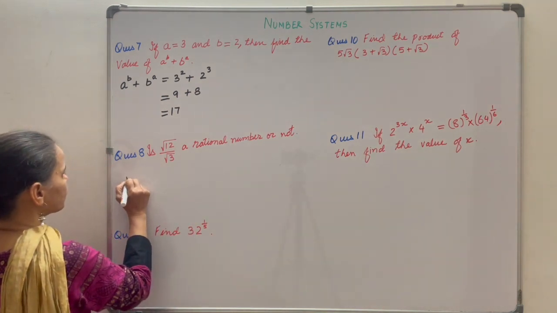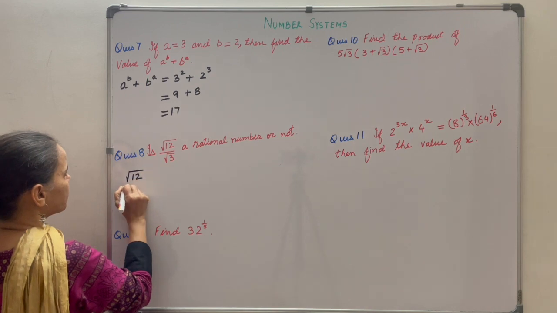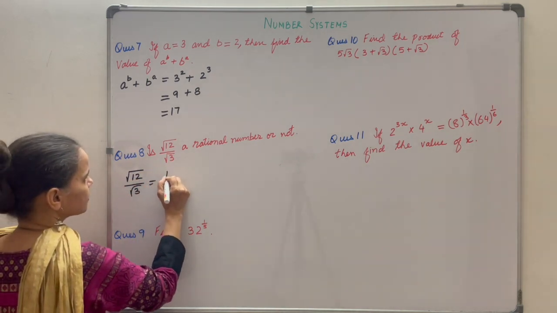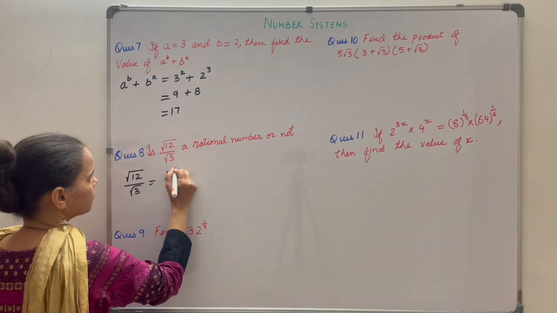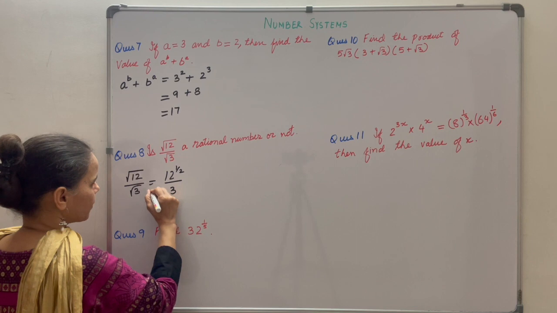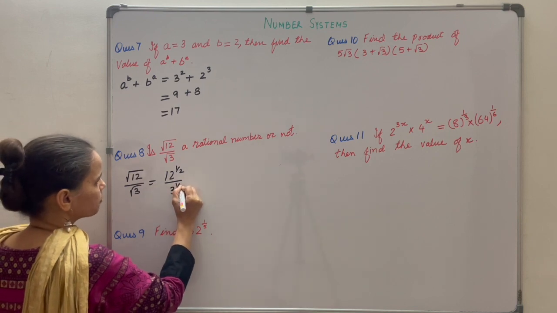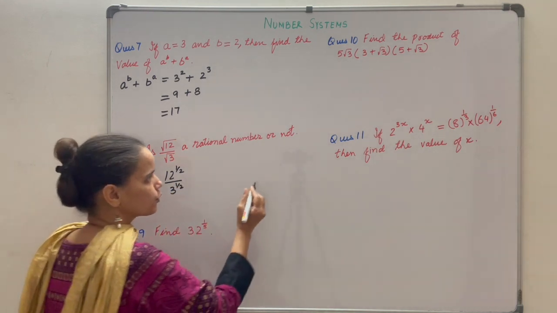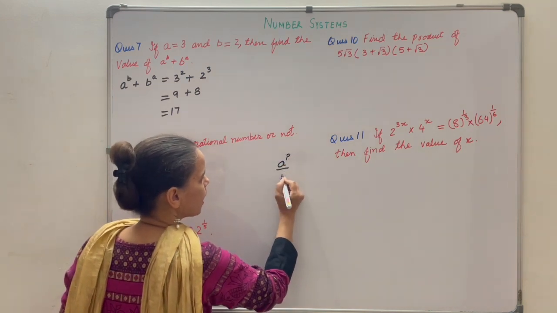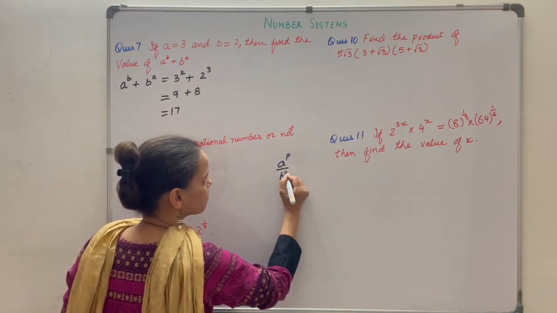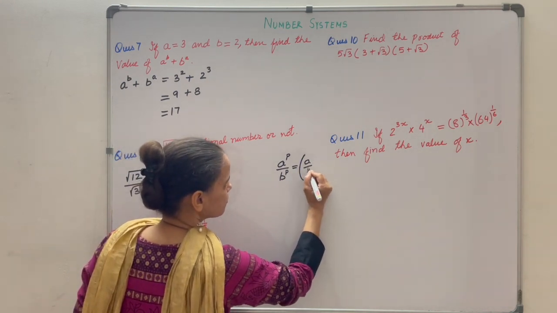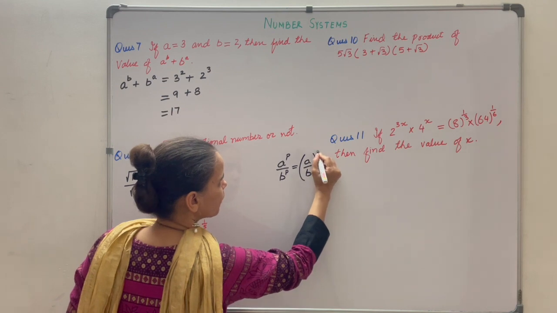So square root of 12 upon square root of 3. We can rewrite this as 12 raised to power 1 by 2. And similarly, we can write square root of 3 as 3 raised to power 1 by 2. So using this law, we can solve it. a raised to power p upon b raised to power p is equal to, we can rewrite it like this, a by b whole raised to the power p.